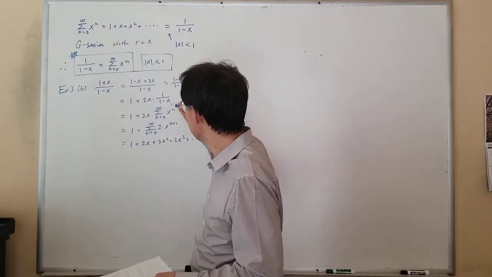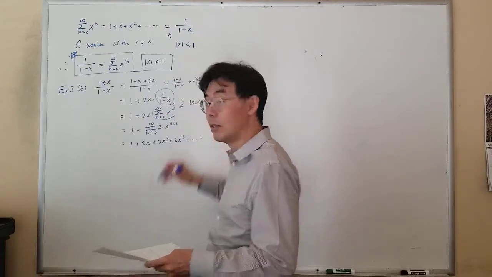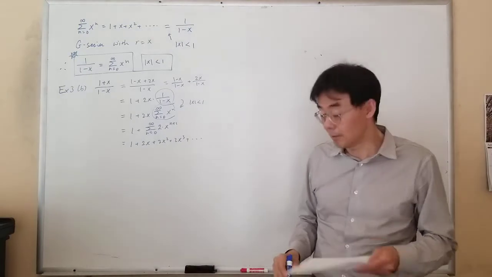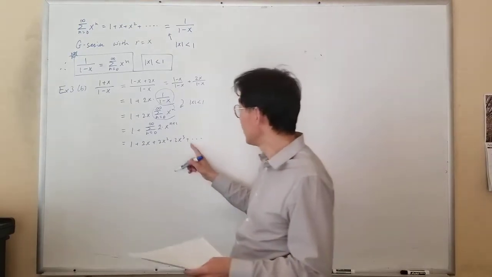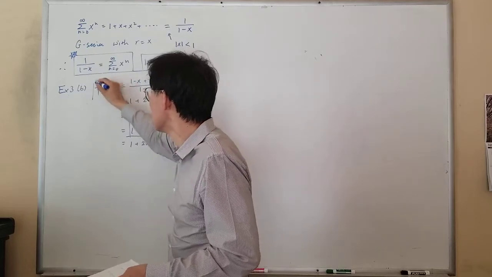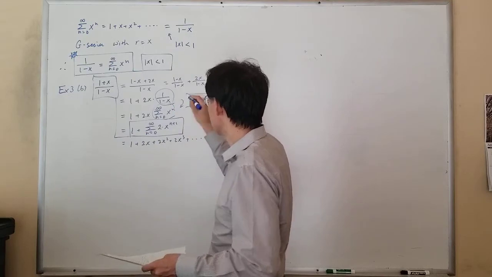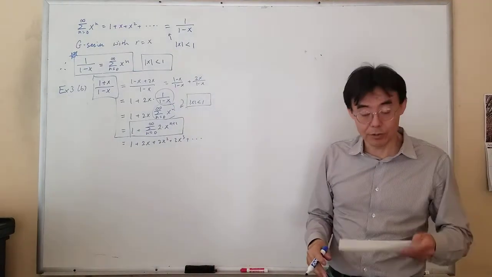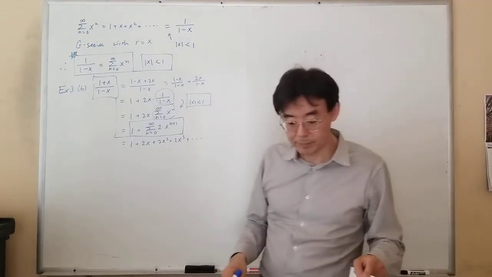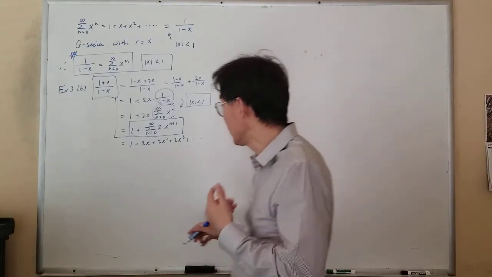Again, because of this, x can be only between negative 1 and 1, right? So you get this. This is your power series representation of this, okay? For this, the radius of convergence is 1. Now, there is an interesting remark also.